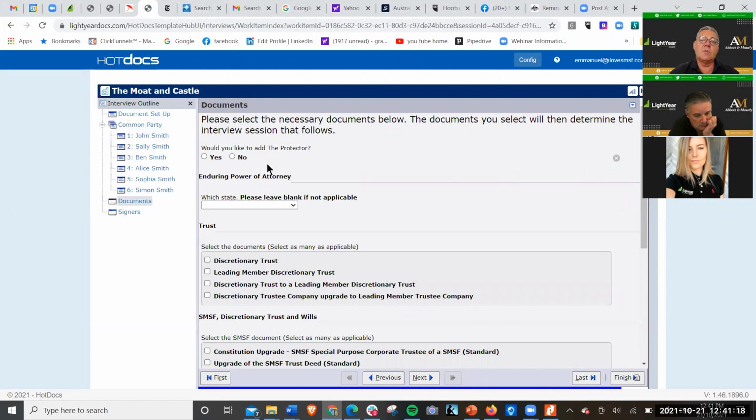I could do the protector there. My feeling is that, because he's got both the investment property and also the family home in his own name, I probably would go down the path of doing the protector for that. But I'm going to leave it blank at this stage because I just want to show you the difference between the three.